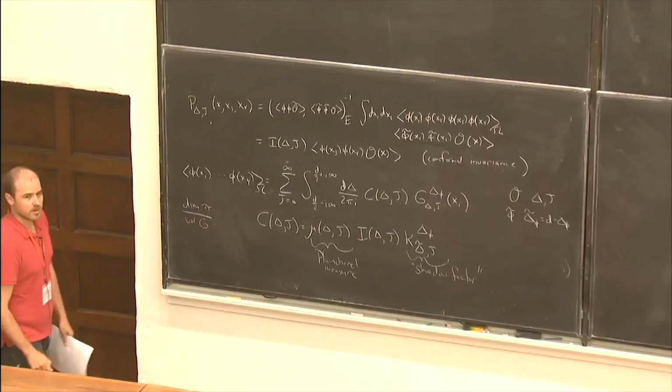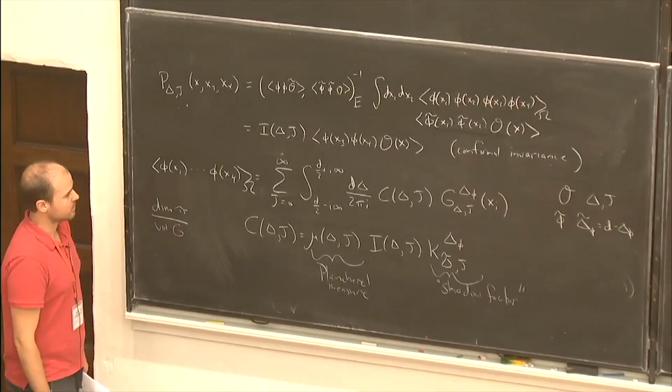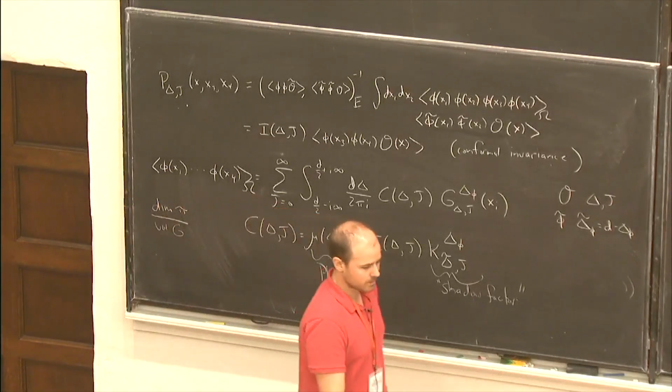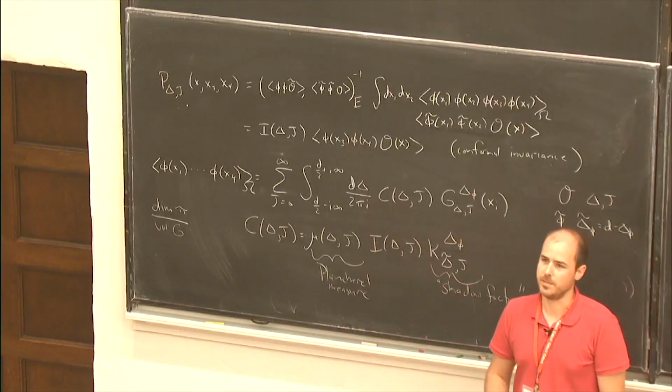In this case, we have a non-compact group, but it has finite dimensional representations when delta is a negative integer.